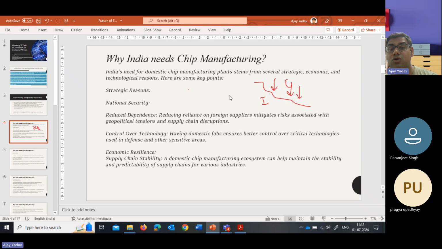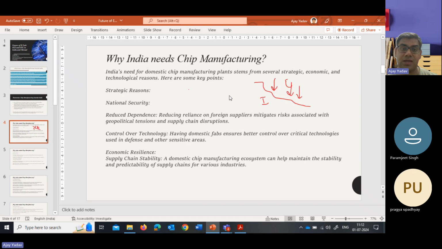Second thing is control over technology. Right now in India, we are mainly assembling the products. We don't have any chip manufacturing plant in our country as of now. If we start chip manufacturing in our country, then we have the technology, and each and everything will be cheaper.